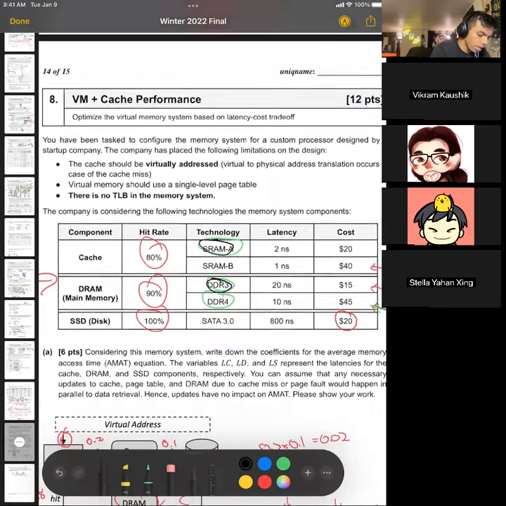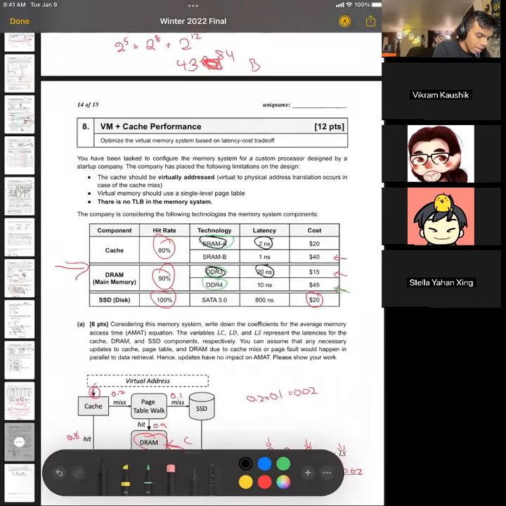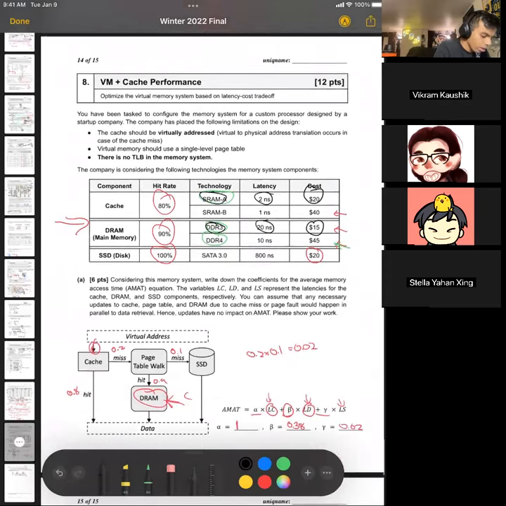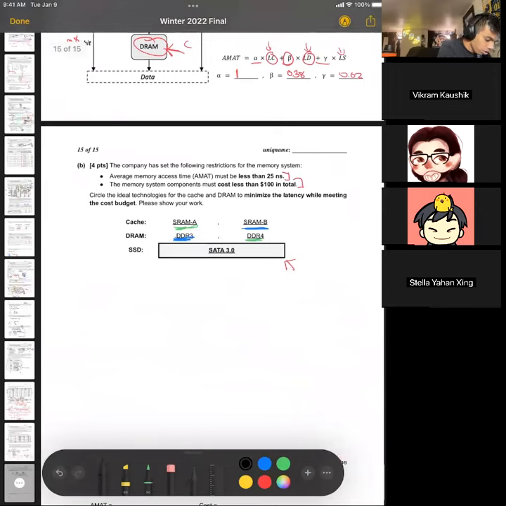The cheaper ones have higher latencies. So while I could afford doing that, it just seems unideal. There's really no point in considering the cheap option, even though I could do these two together.